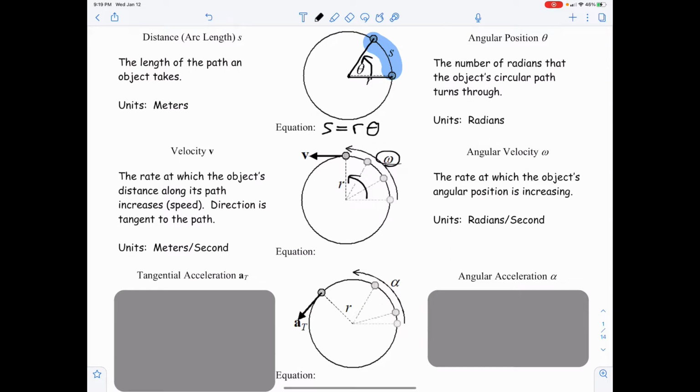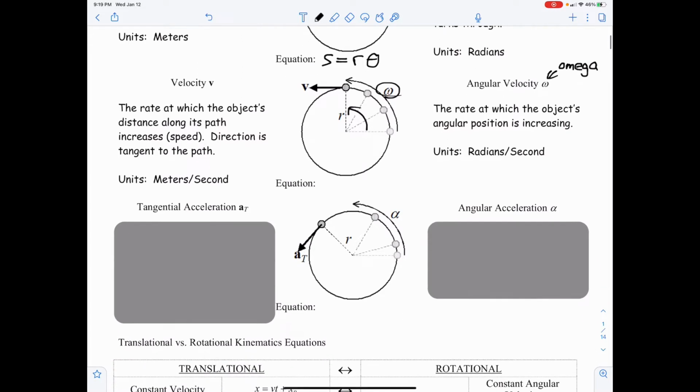Angular velocity, the symbol for which is omega, would be the rate at which you're spinning or rotating. The units would be radians per second, and for velocity, they're still meters per second. Tangential acceleration is the acceleration that is tangent to the path.